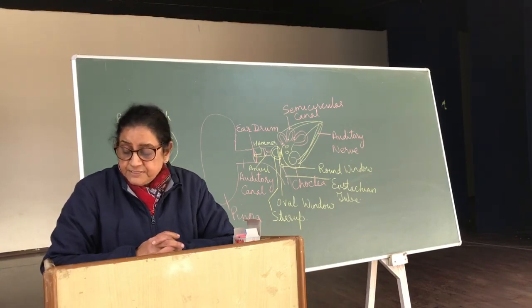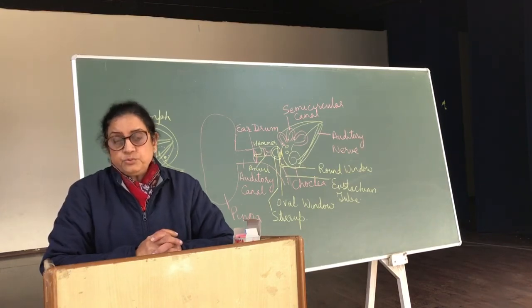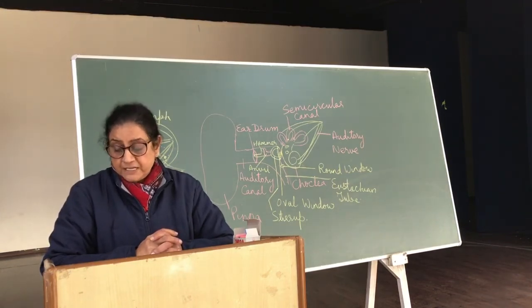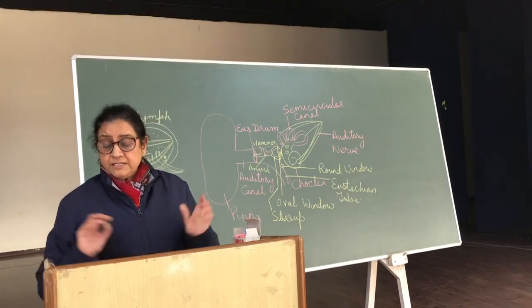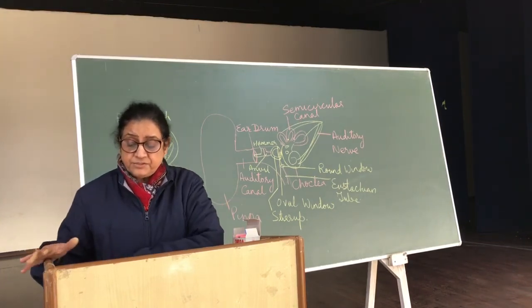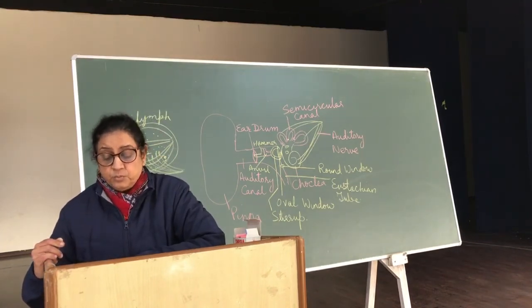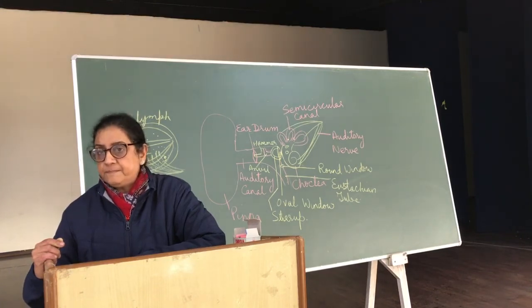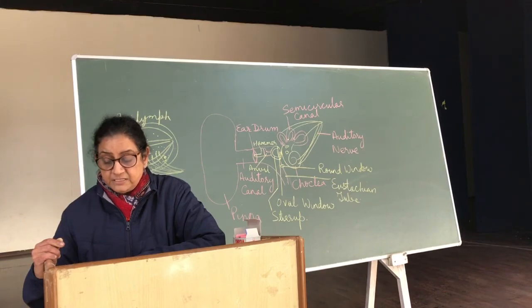The sensory cells in the semicircular canals are concerned with dynamic balance, or dynamic equilibrium, while the body is in motion, and similarly sensory patches are located in the utriculus and sacculus, which help in maintaining the static balance. So in this way the balance of the body is maintained.